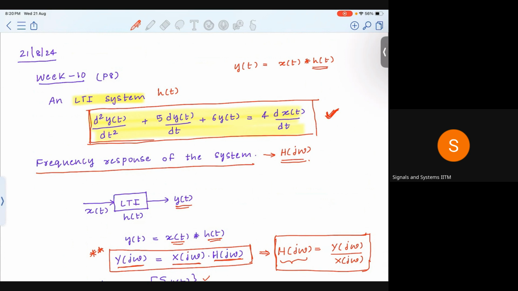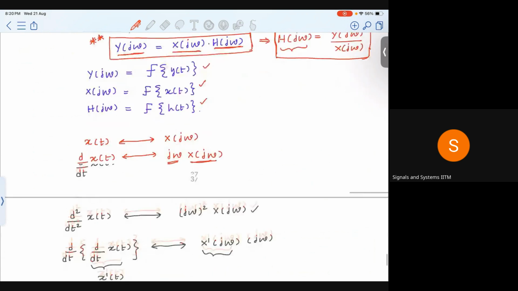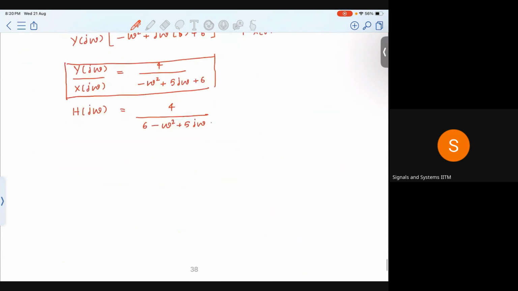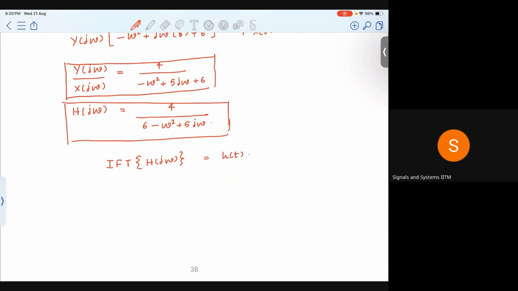But when you have the Fourier transform representation, things become much simpler. Now you know the frequency response of the system, and you just have to use the inverse Fourier transform on this. The IFT of H of j omega would simply give you h of t, which literally made your life easier. Does that answer your question?